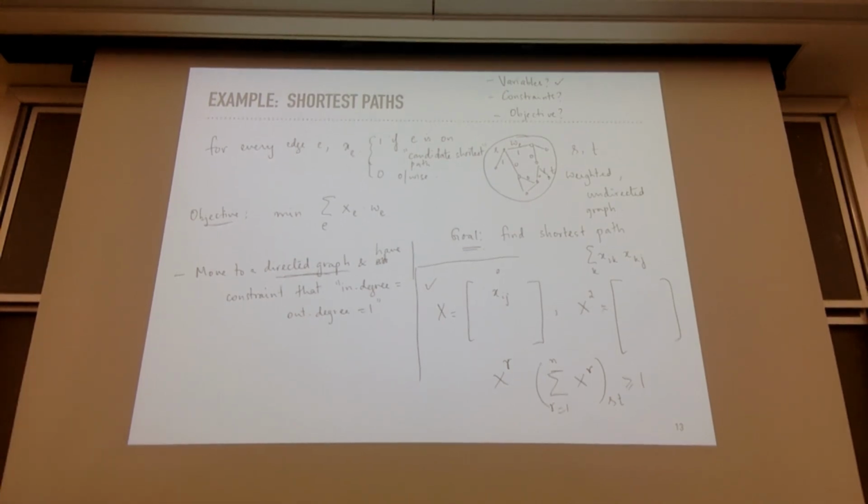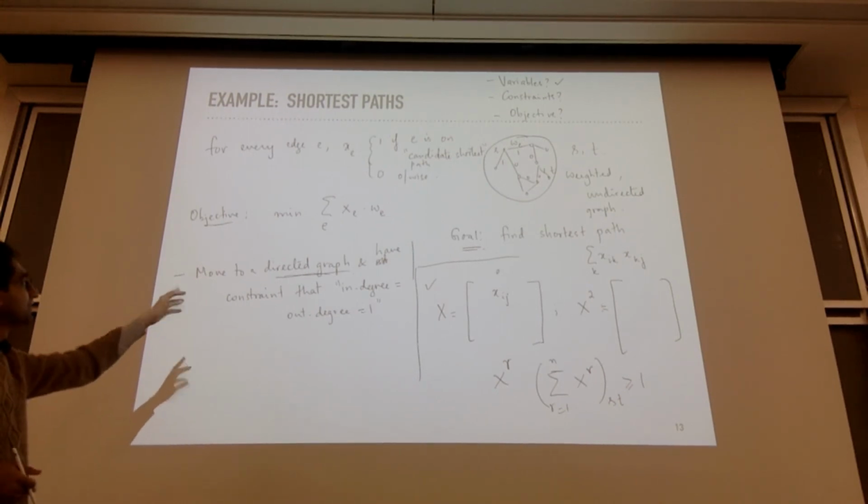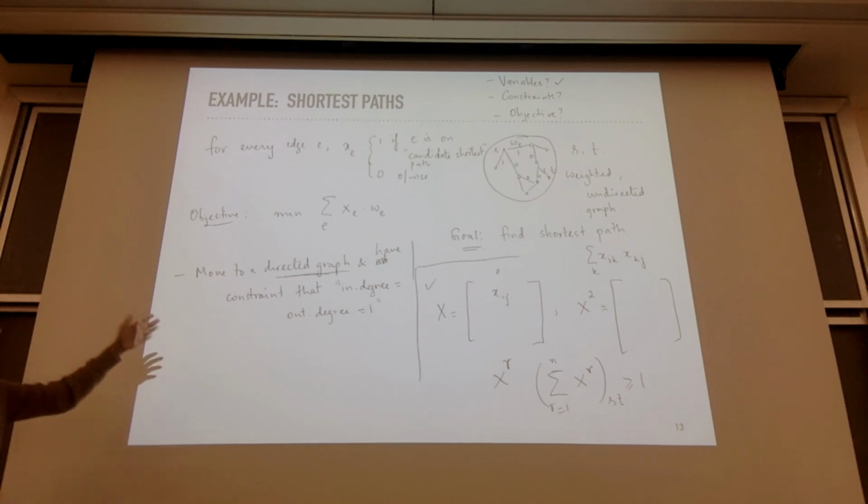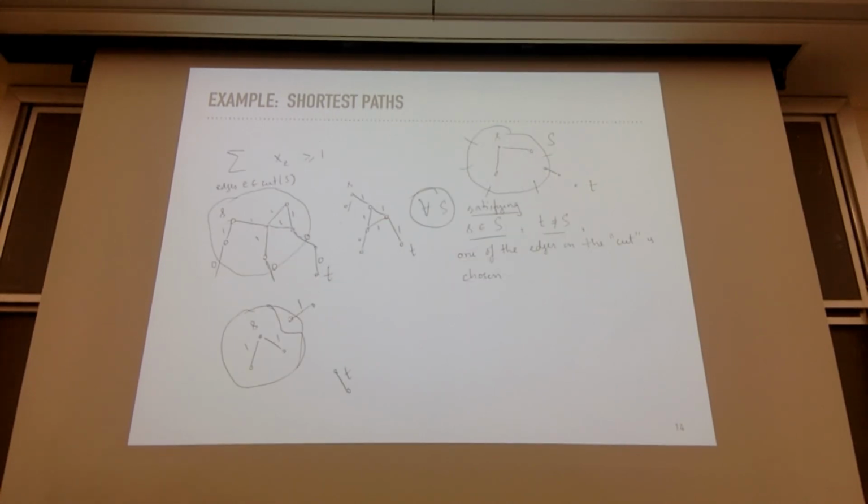So this is why you have two formulations. This formulation is saying that there's a flow of at least 1. That formulation is saying that there's no cut. So that's the nice thing here.